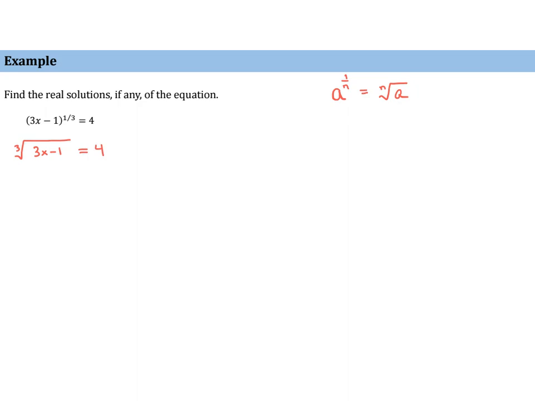So to undo this radical, we will cube both sides. And so we have 3x minus 1 equals 64, which means that 3x would equal 65. And so x would equal 65 thirds.